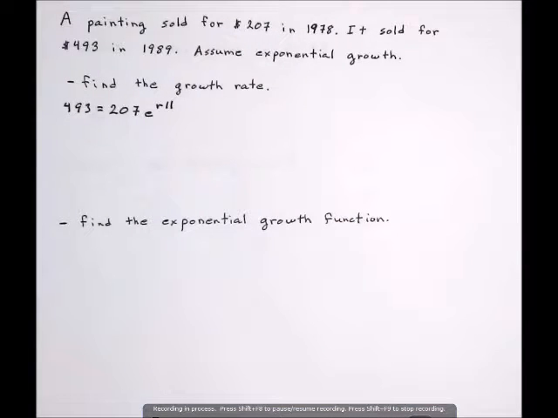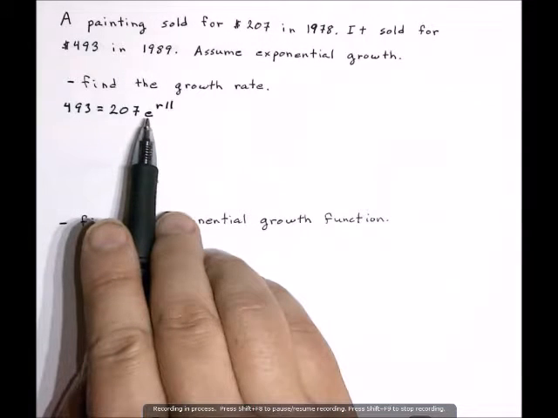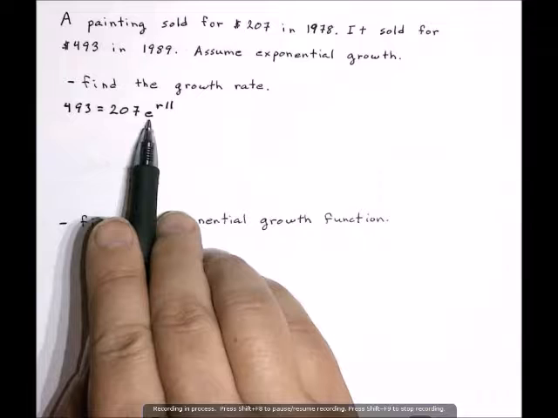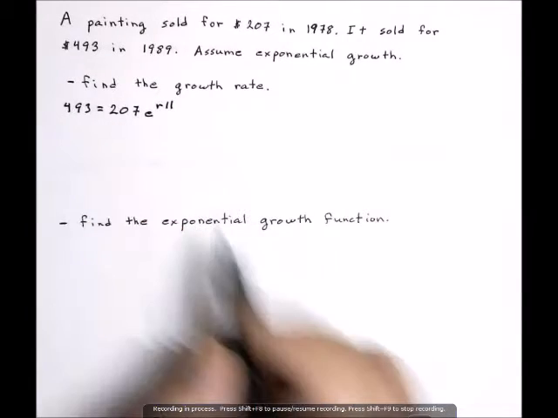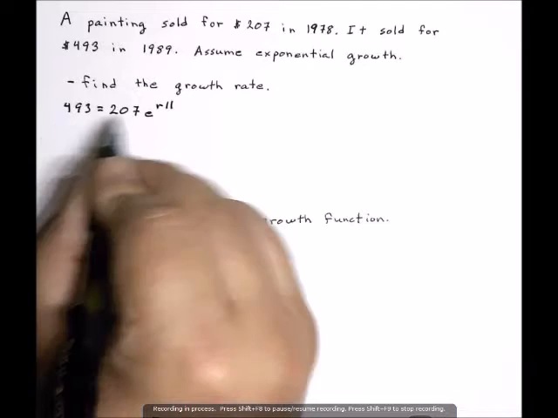And what we're going to do is solve this equation to find R. What we're going to end up doing is using the rules of logarithms to cancel that E, but we can't do it with that 207 out in front. So the first thing we're going to do is divide both sides by 207.